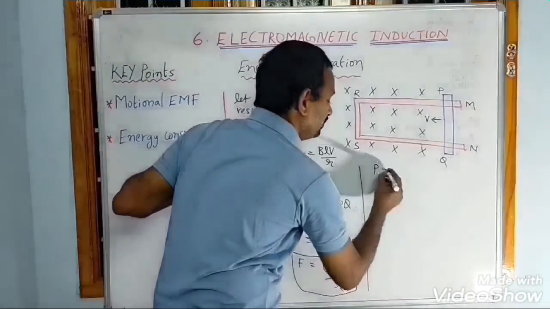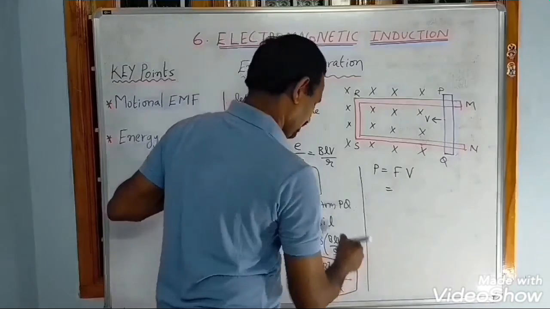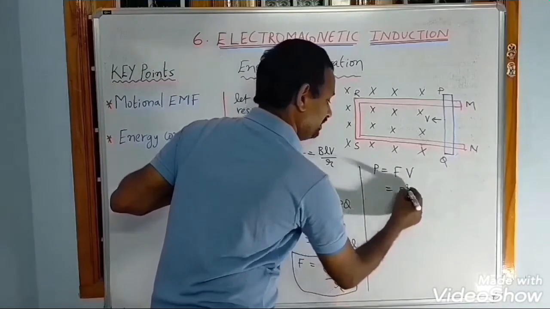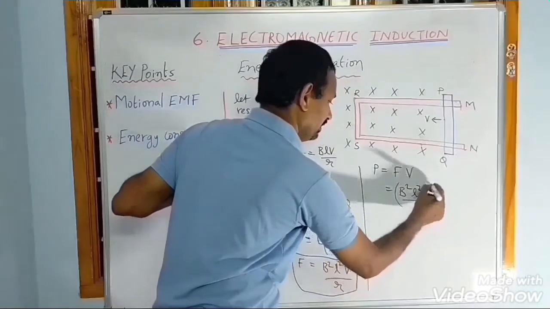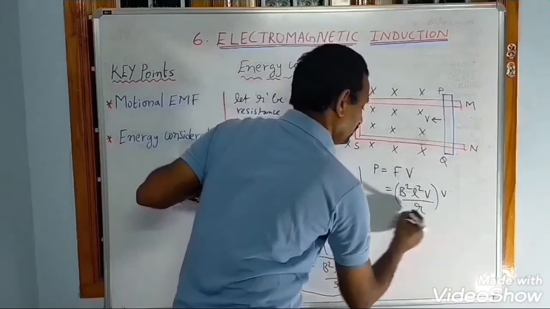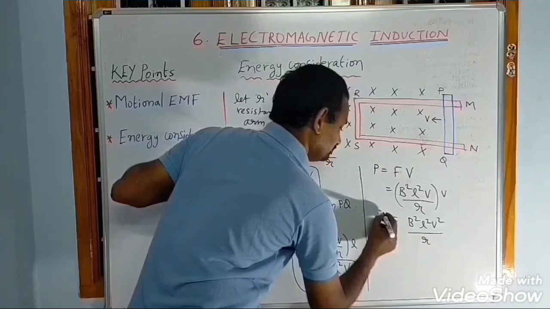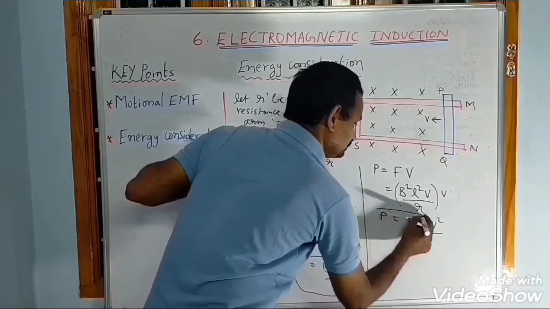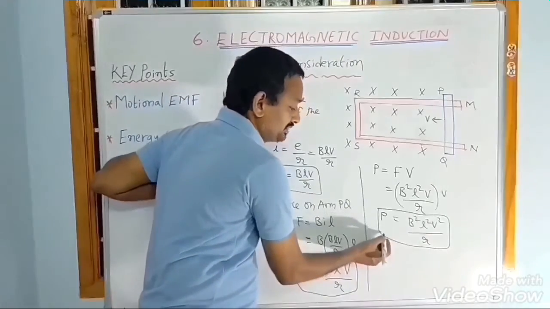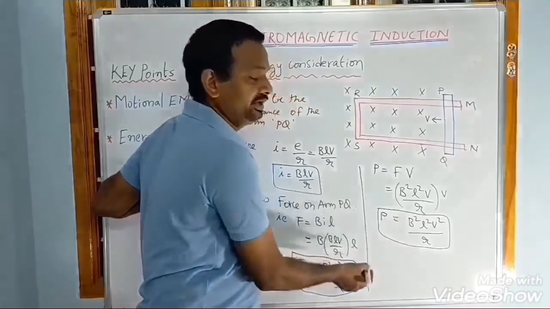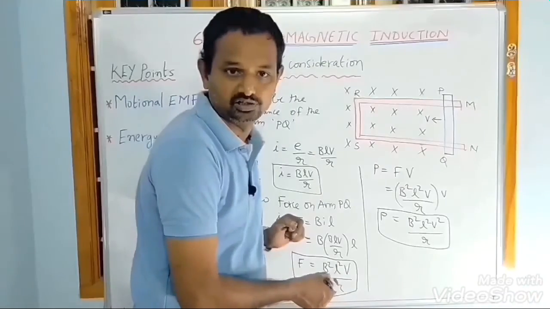Power equals F into V. In place of F we write B square L square V by R, into V. So we get B square L square V square by R. This is the power required to move the coil with velocity V in the uniform magnetic field.